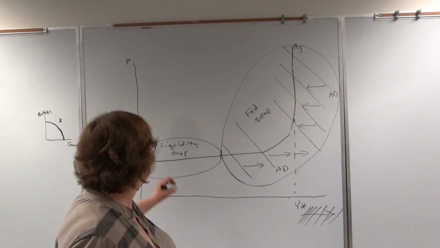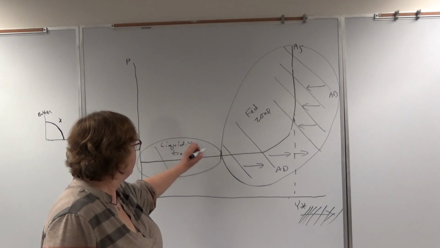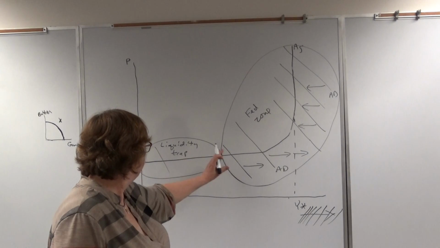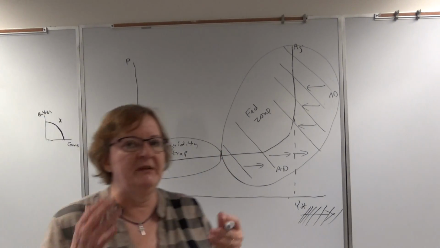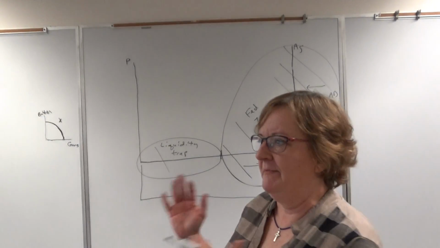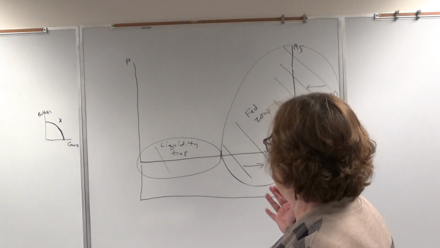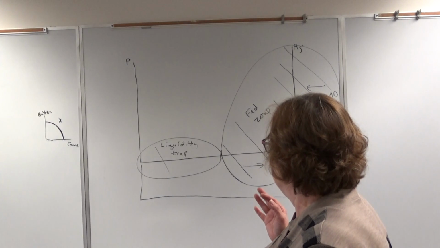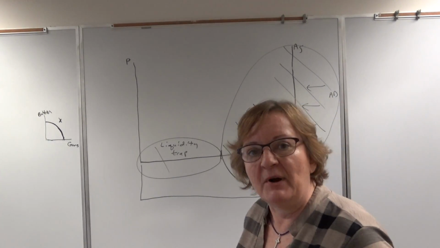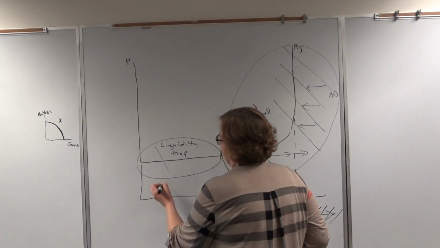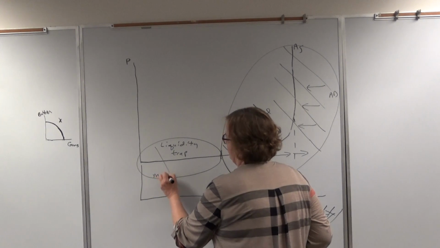So if it happens that you're here in this flat area, this flat zone, this means we have so many laid off resources, so many people out of work, so many factories closed, shut down temporarily, that monetary policy doesn't work.